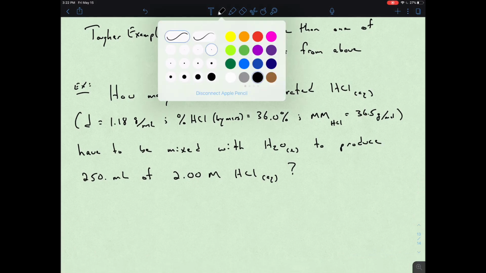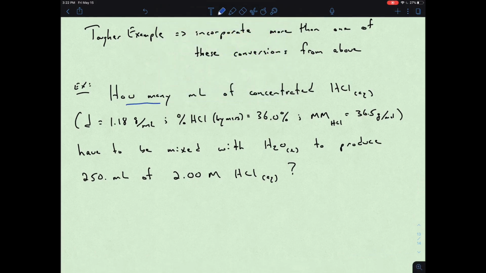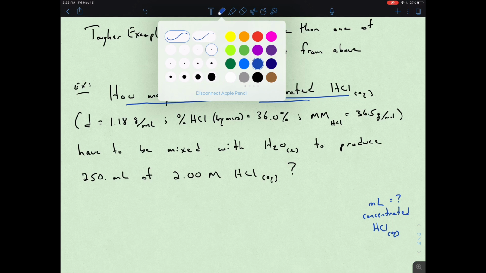So let's start with where we want to go. We're looking at how many milliliters of this concentrated HCl. So that's really kind of our end game here. And we have two different solutions. One is concentrated, and that's really our stock solution.